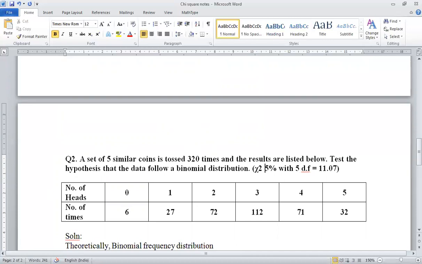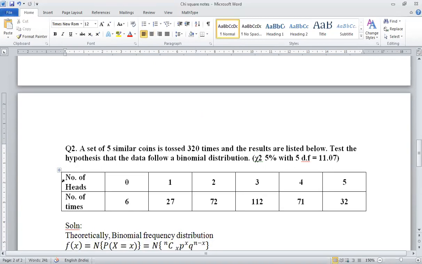The data given is number of heads 0, 1, 2, 3, 4, 5, and number of times is 6, 27, 72, 112, 71, and 32. So we need to verify whether this observed data follows binomial distribution or not.